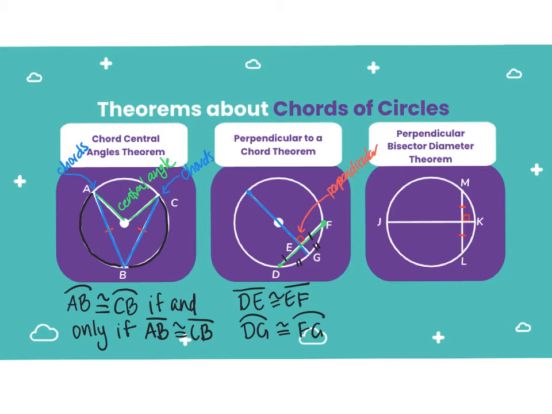All right, last theorem here. If one chord is a perpendicular bisector of another chord, then the first chord is a diameter.